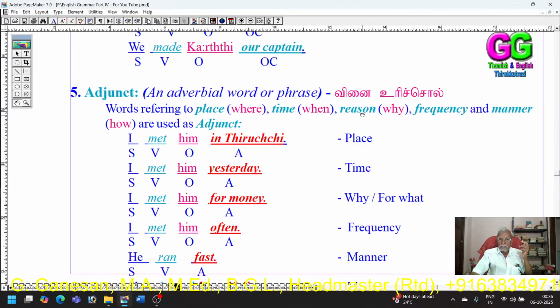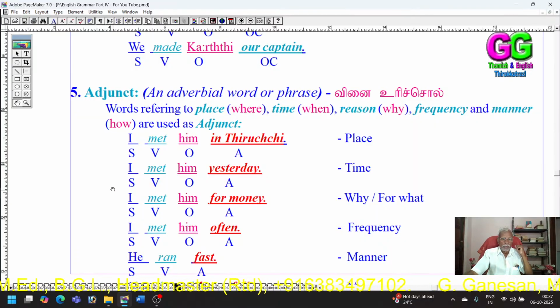Place, time, reason, frequency, and manner are used as adjuncts. These five elements can be used as adjuncts.